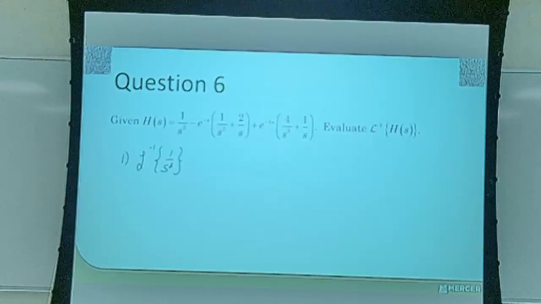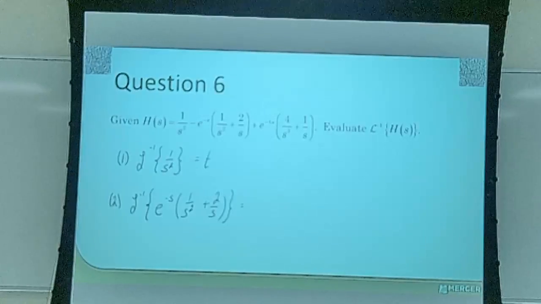So let's call this 1. Inverse transform of 1 over s squared is what? T. Just t, right?